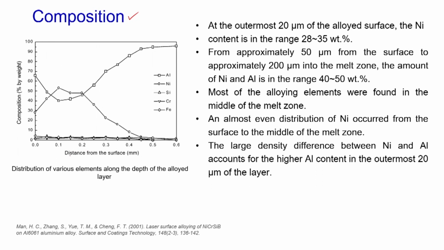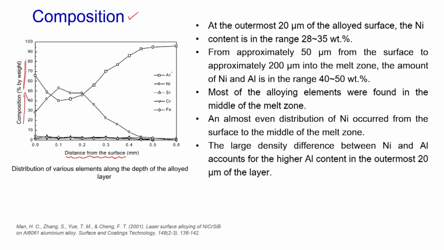On the x axis we have taken the distance from the surface, and on the y axis we have taken the composition by percentage weight. On your screen you can see various line graphs.